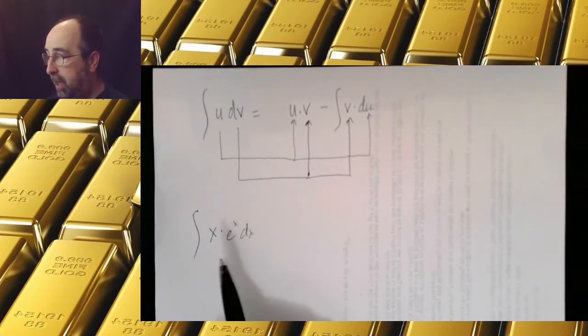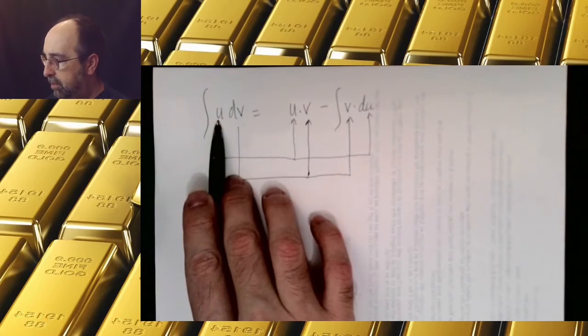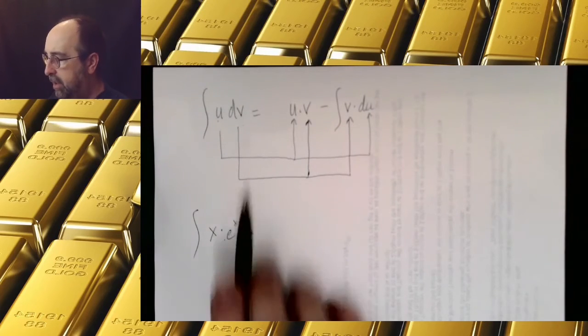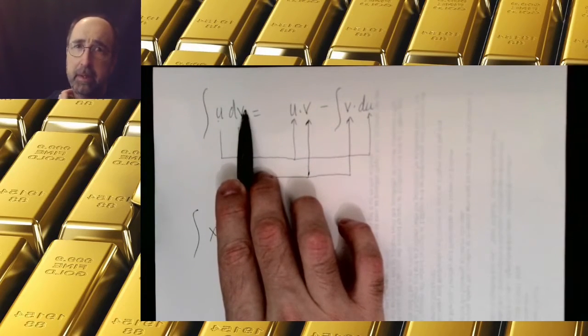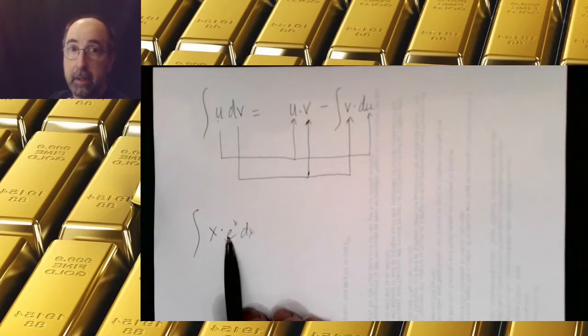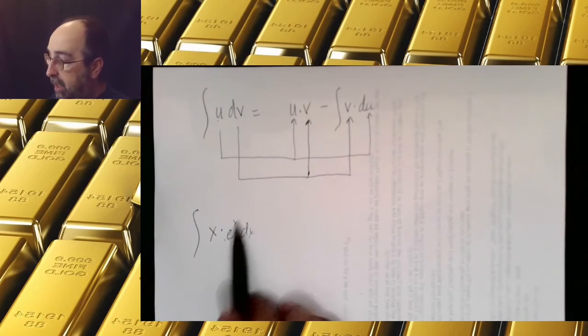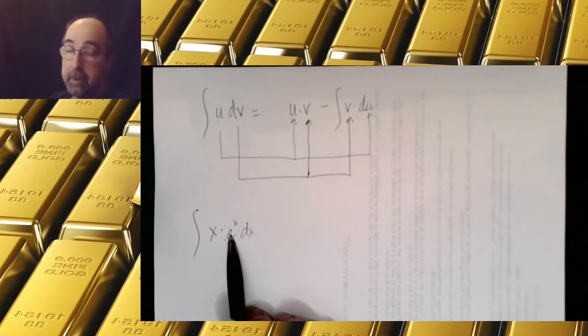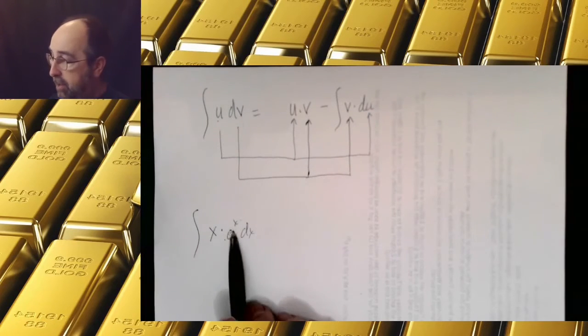But it's also possible in some problems to treat e to the x as u and x dx as the dv. So how would we make a decision about that? Well, it turns out that if you take a derivative of e to the x, you get e to the x. And if you take an antiderivative of e to the x, you also get e to the x. So it doesn't get simpler, whether you treat it as the u part or the dv part.